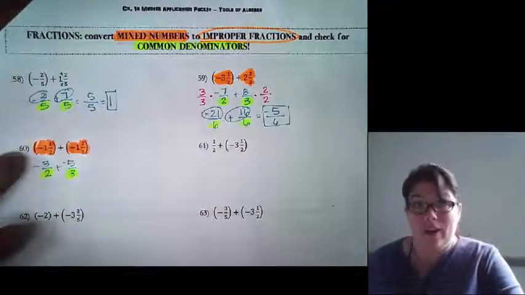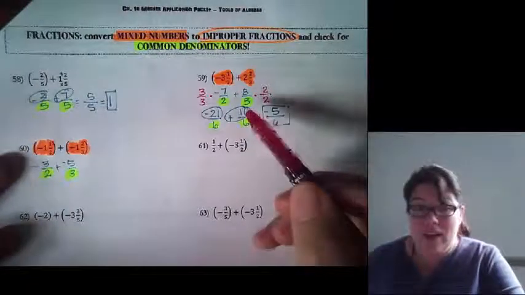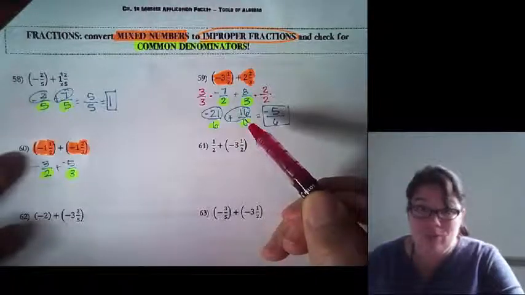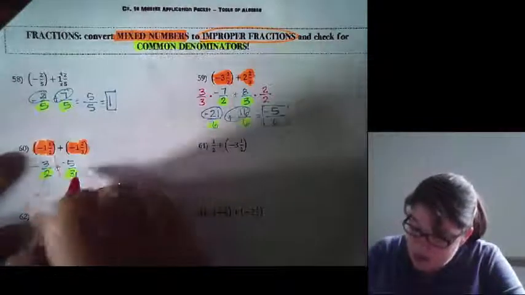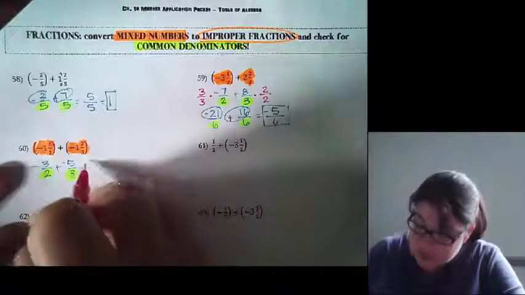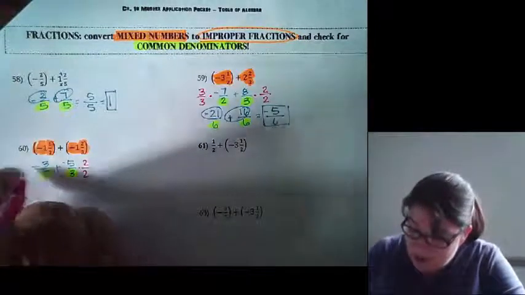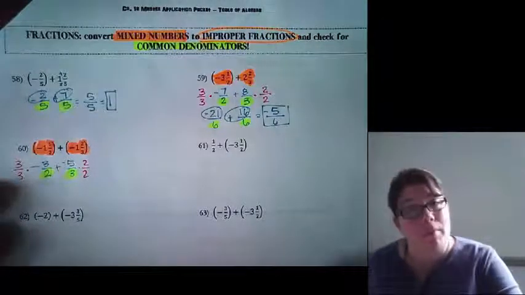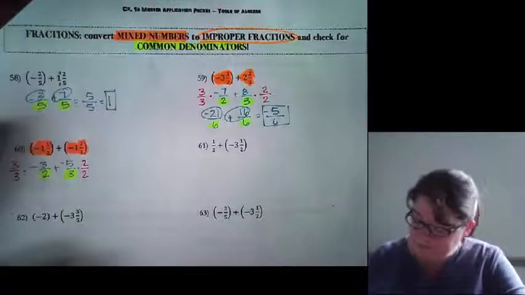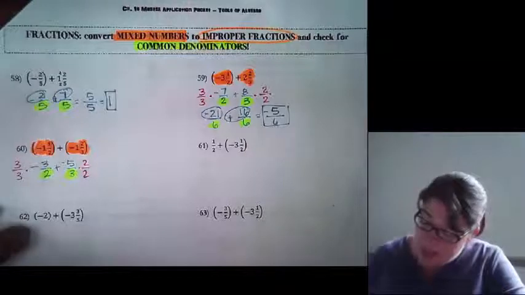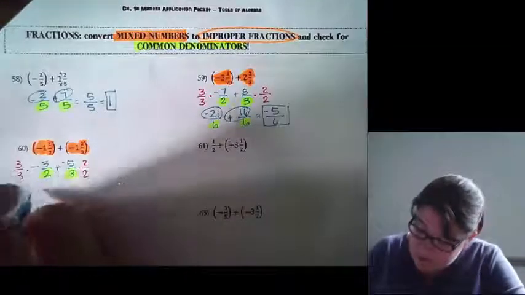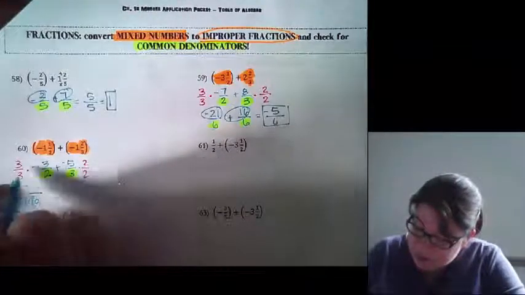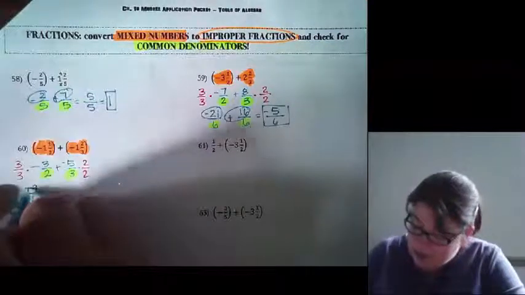Well, that won't work, but I remember from problem 59 that my common denominator for 2 and 3 is going to be 6. So here I'll multiply by 2 on the top and bottom, and here I'll multiply by 3 on the top and the bottom, because I want to try to get the same number in both fractions. So when I multiply, this fraction becomes a denominator of 6, and 3 times 3 is 9, and it'll be negative.